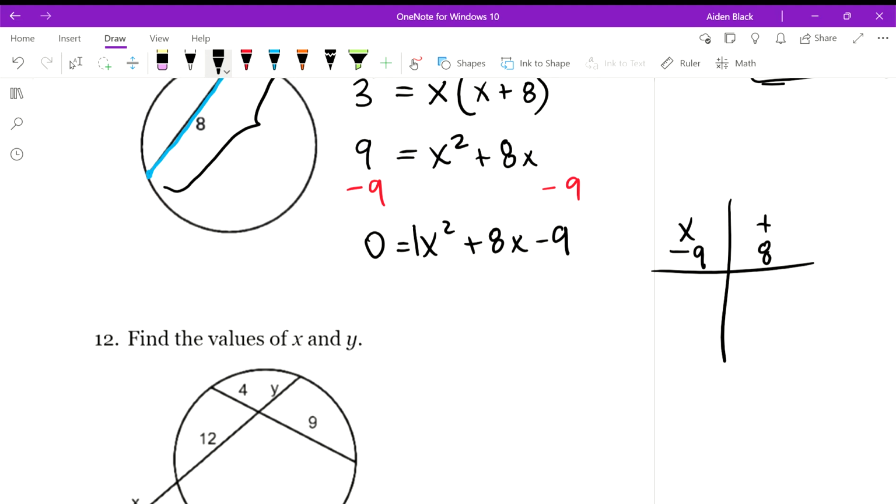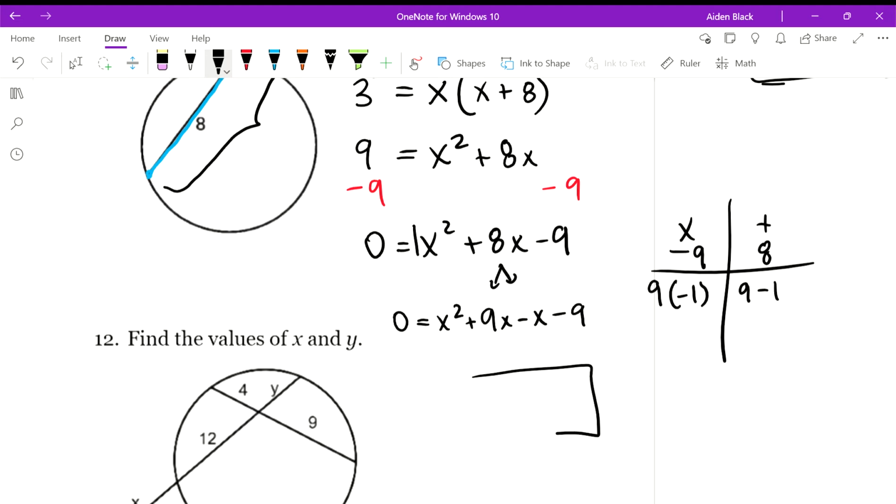What two numbers multiply together to get negative 9, yet when you add them together, you get positive 8? Well, 9 times negative 1 equals negative 9, but if you add these two, you get 8. So let's split this middle term into those two values: 0 is equal to x squared plus 9x minus 1x minus 9.